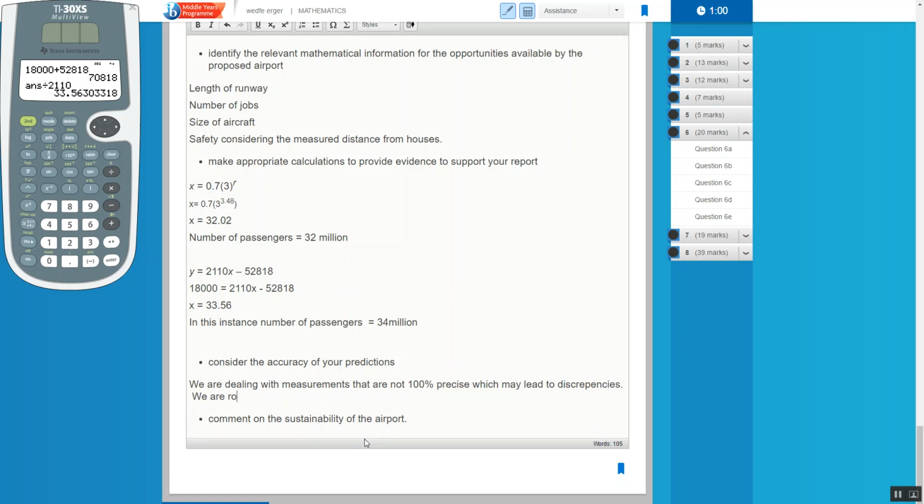We are rounding to the nearest million. And notice an error. Let's say an absolute error of 2 million.